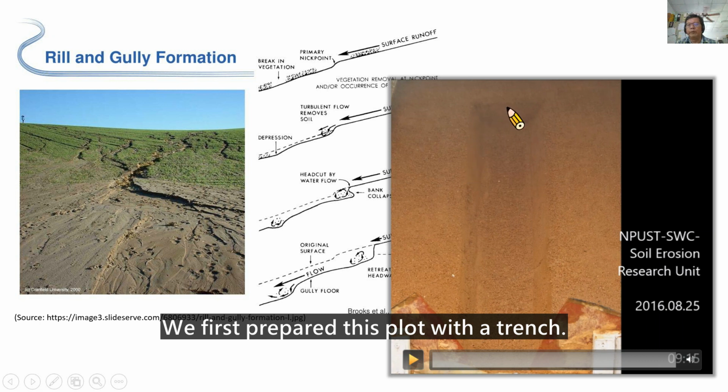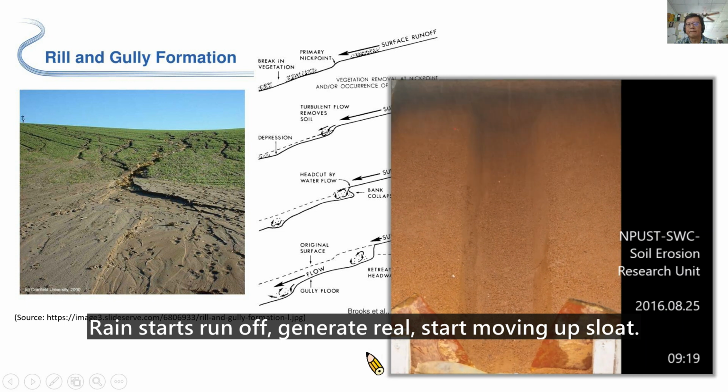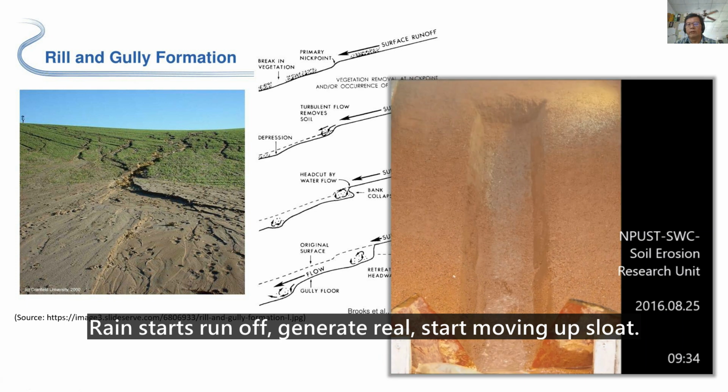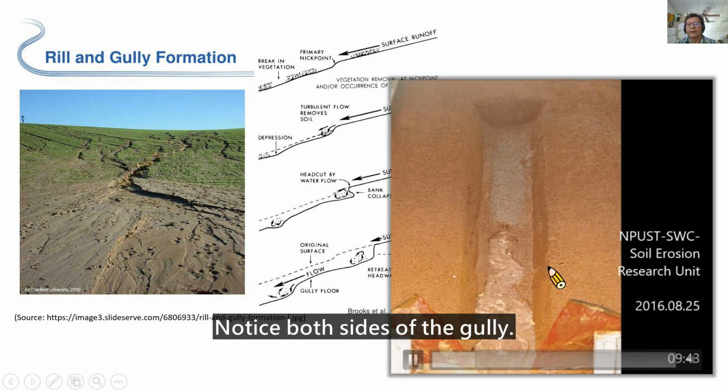We first prepared this plot with a trench. This trench represents a small gully. Then we ran rain on it. The rain starts, runoff generates, the rill starts moving upslope. Notice both sides of the gully.